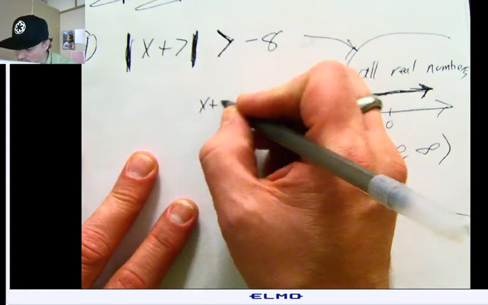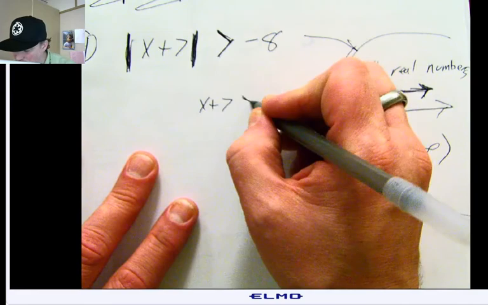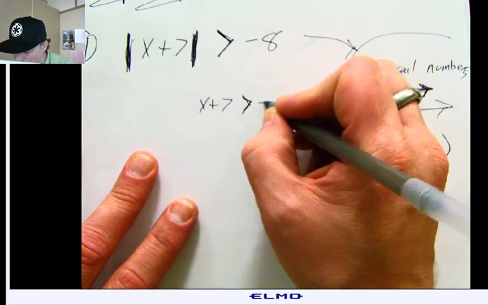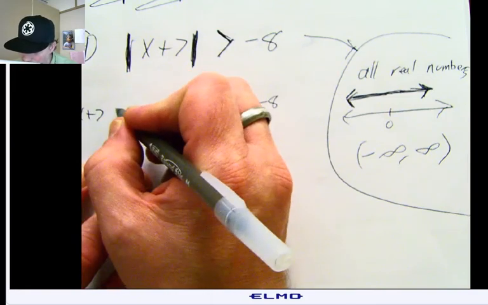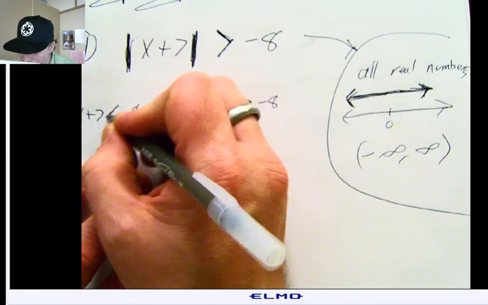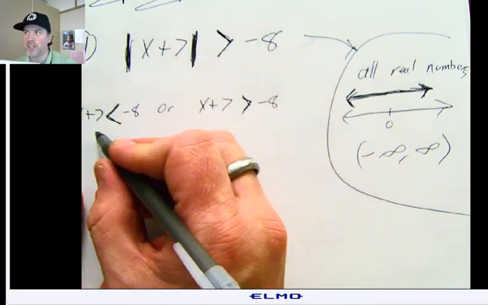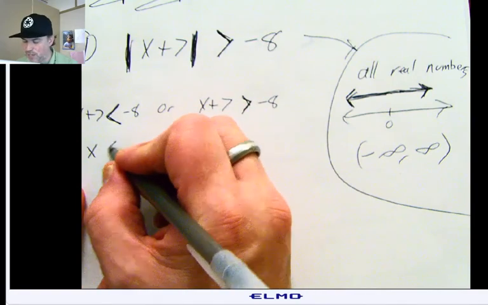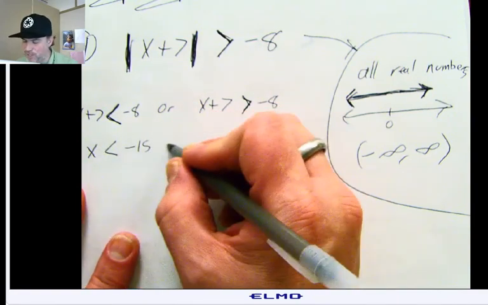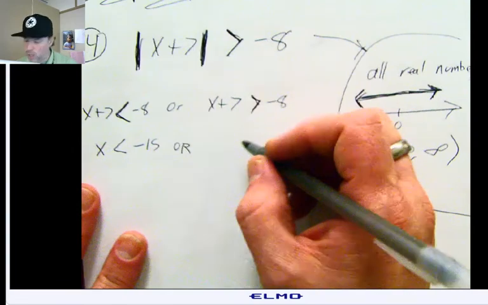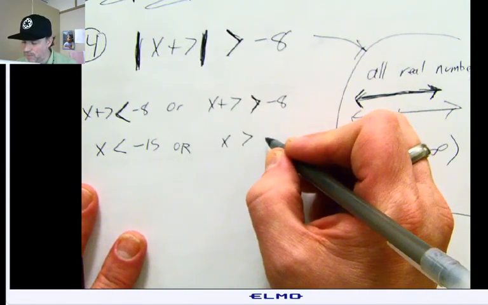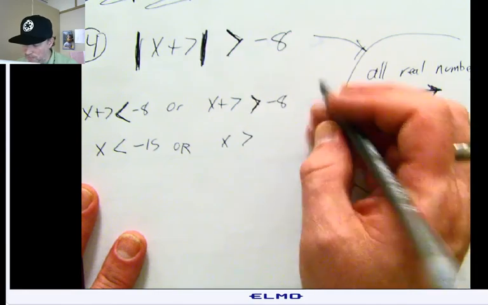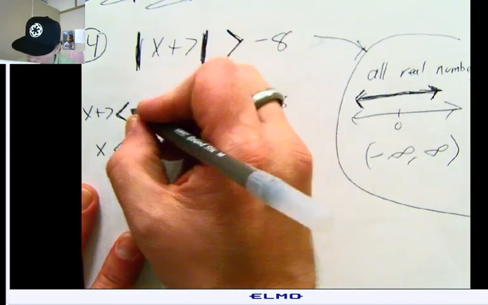If I go like this, x plus 7 is greater than negative 8, or x plus 7 is less than negative 8, start solving. Subtract 7 from both sides, so I get x is less than negative 15, or subtract 7 and x is greater. Wait, I've made a mistake. Positive 8 here.